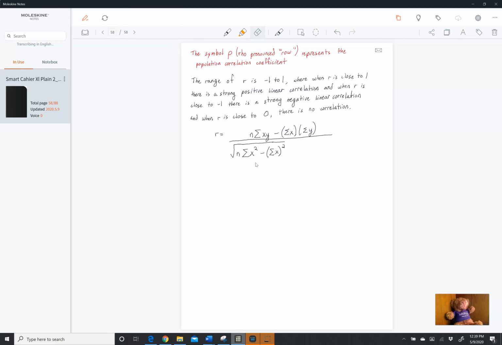So we're going to go through an example. And then it's N, and the same thing for your Y. You take every Y value, square it, and then you add all of that together. And then you take the sum of your Y values, and you square the sum. Beautiful formula.